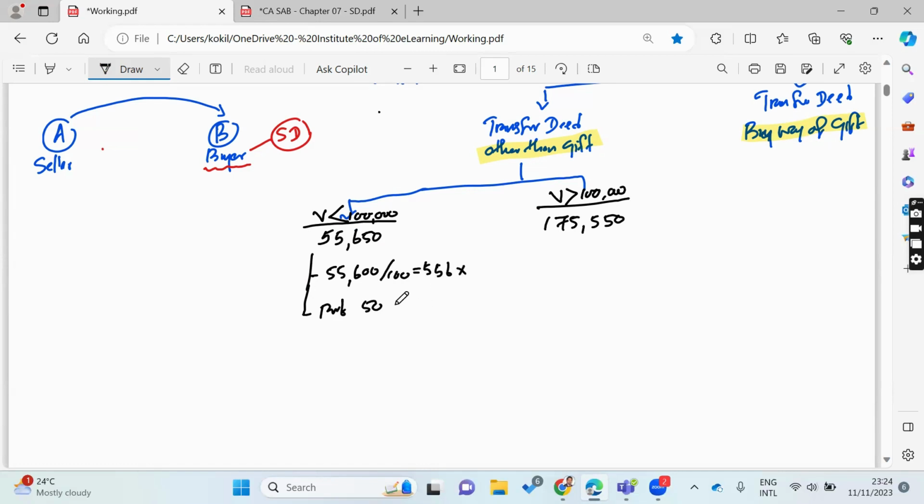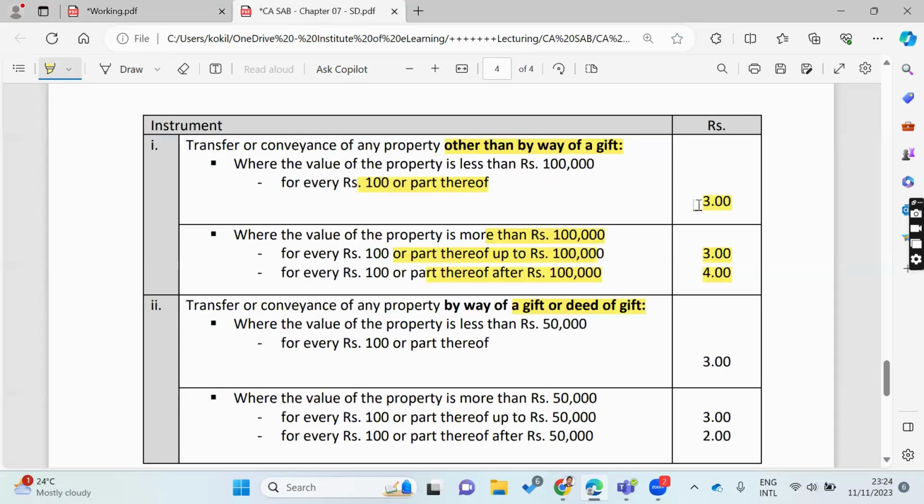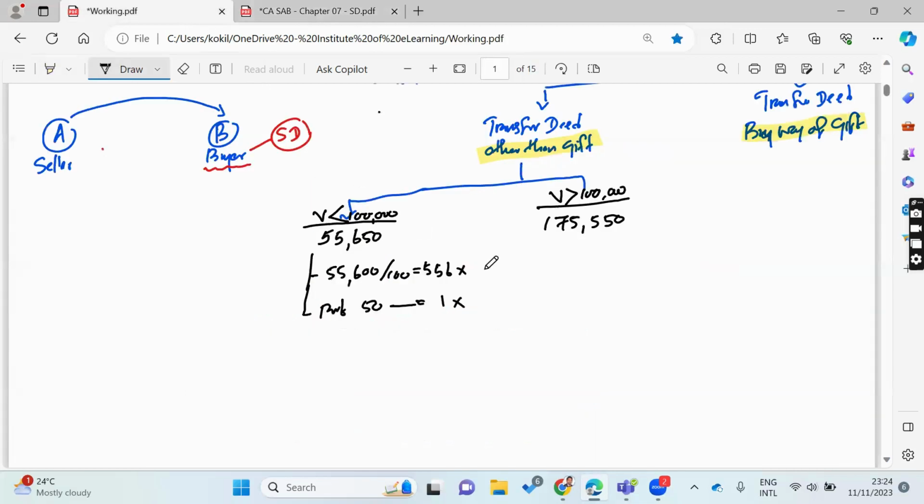Then you need to multiply it by 3, because the rate is 3 rupees, and the part we consider as 1. How many parts altogether? 557. So you need to multiply by 3.